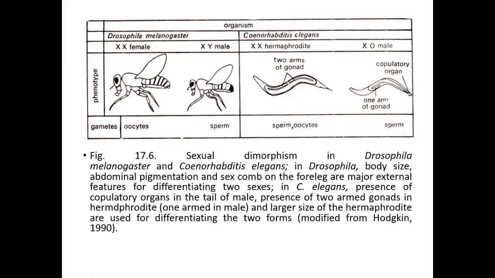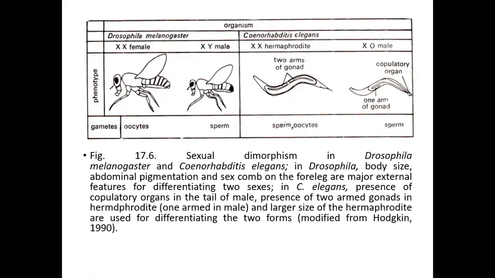So when the effect of the X to A ratio, that is the genic balance theory, was examined in the nematode, a pattern similar to Drosophila, with minor variations, was observed.